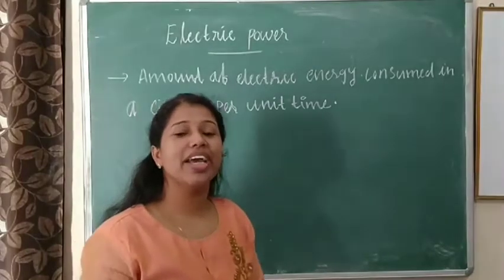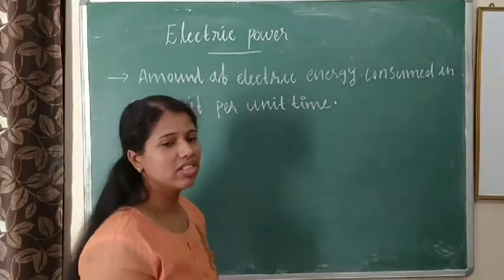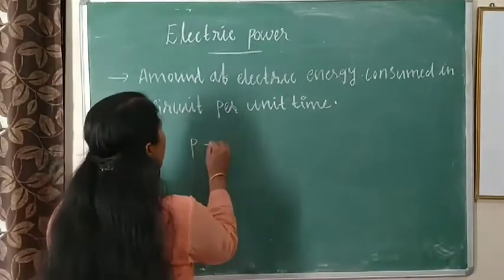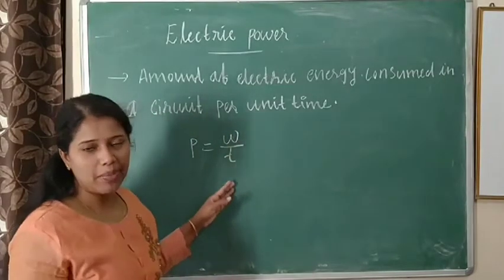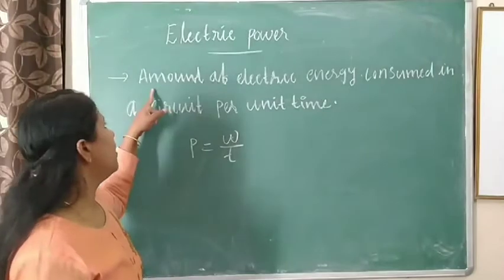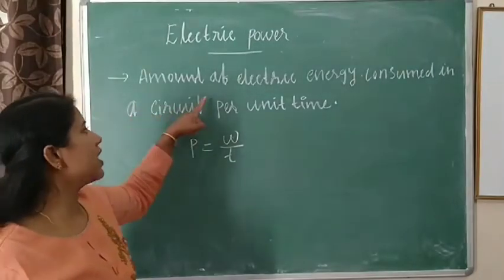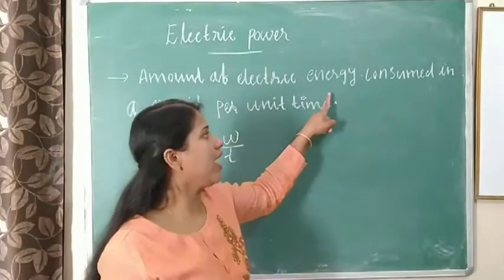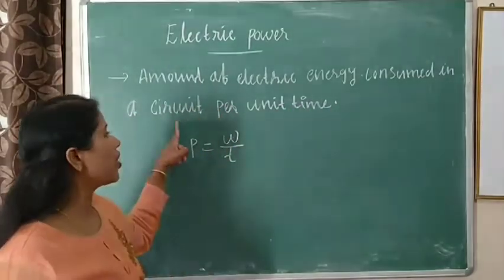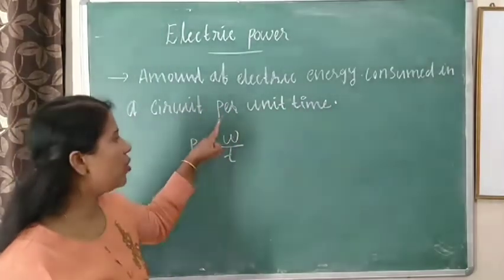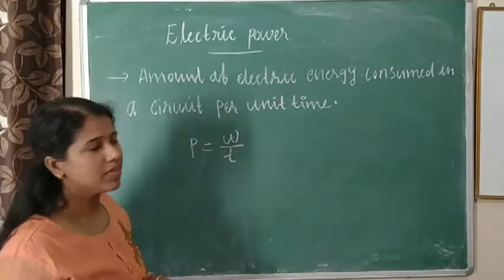Power means the rate of doing work. P is equal to W by T, work done by time. Electric power means the amount of electric energy consumed in a circuit per unit time.